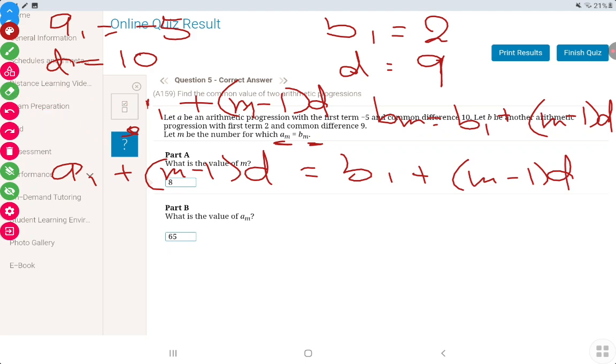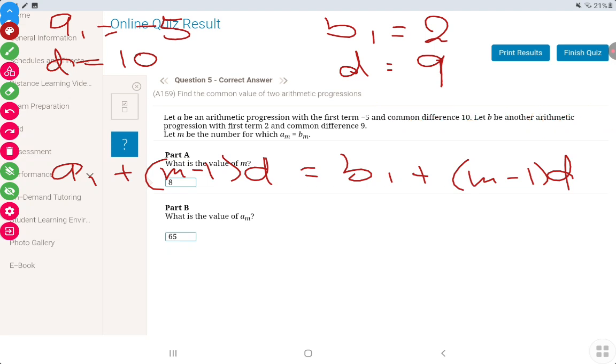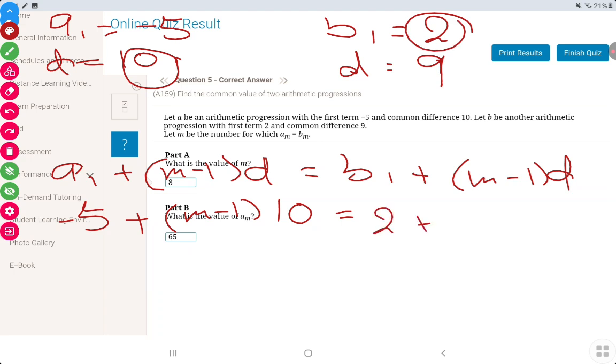Now a1 is -5, they told us in the question, plus m, which is what we're trying to find, minus 1 times d, which in the first one is 10, equals b1, which is 2, plus m, what we're trying to find, minus 1 times d, which is 9.